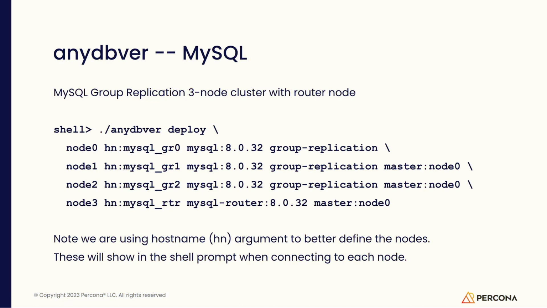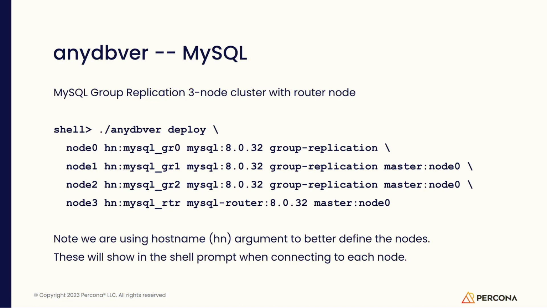But if you want to override the host names, this is how you do it, with the hn argument and the name after. And this will even have a DNS between them. So from node 1, you can use mysql-gr0 for accessing node 0. Not the primary, because in this case it's group replication, but node 0. And then we are going to say upstream MySQL 8.0.32, and here is the patch version I was mentioning.